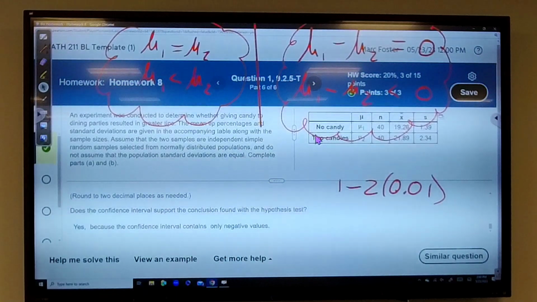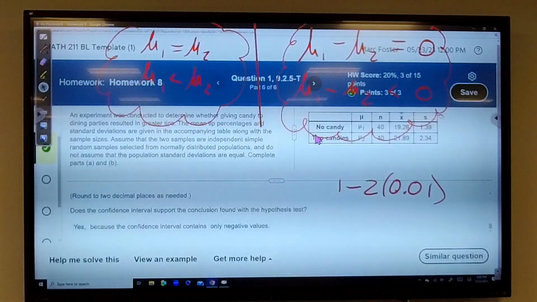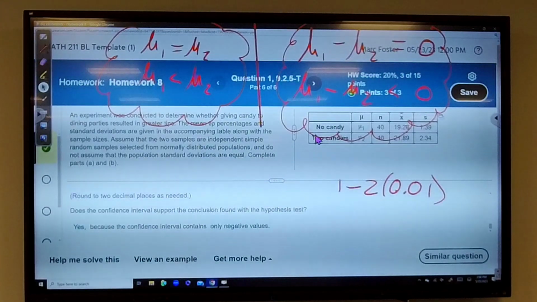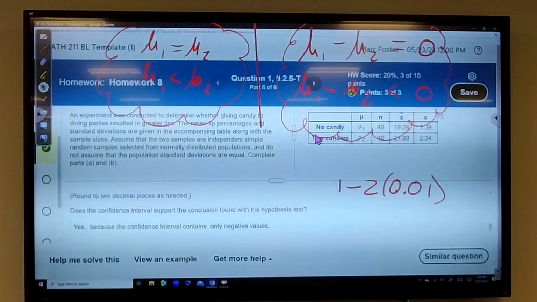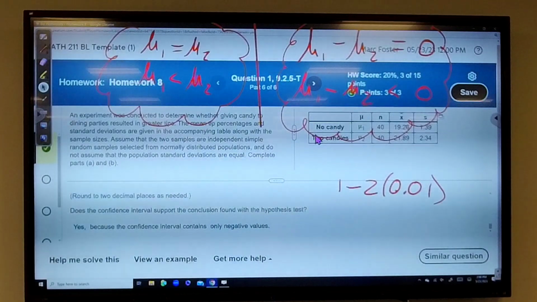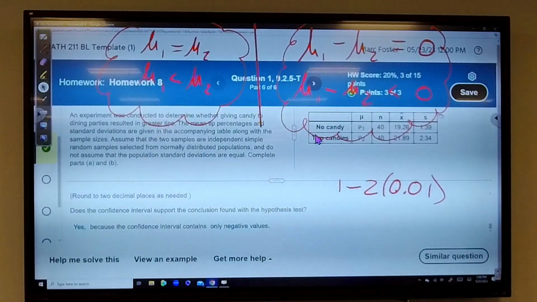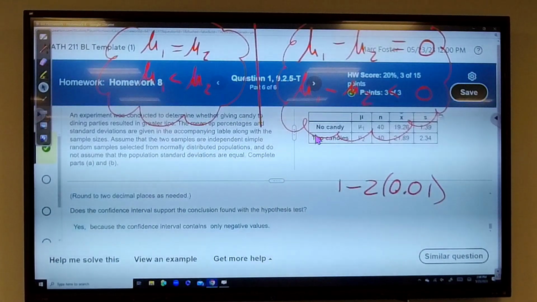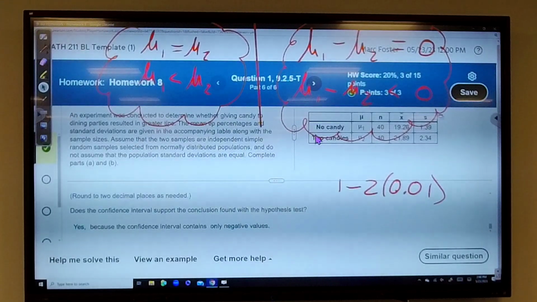I lost track of what you did, because I had to go back and put my numbers in the correct way. I had them backwards, so I got behind. So once I have a two-tail, it's 1 minus my alpha, which is 0.10, which ends up being 90. I didn't know what you did after that. You must have changed the confidence level.